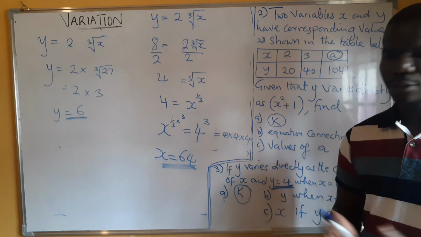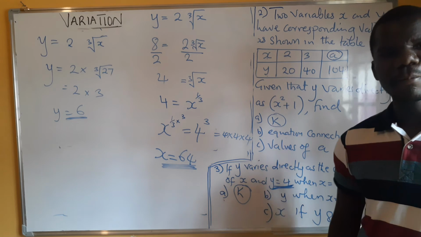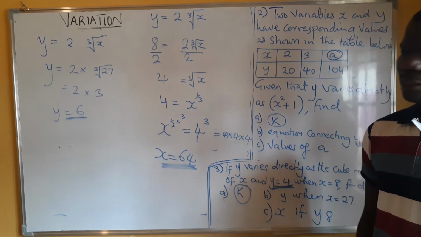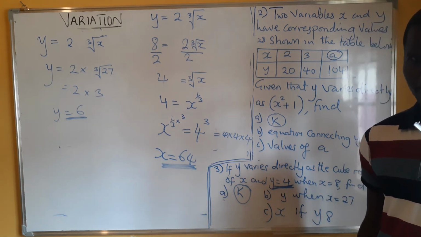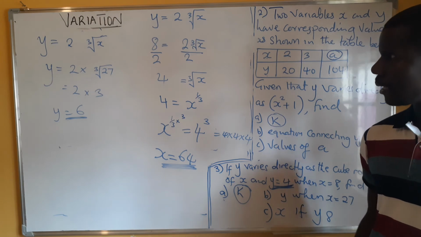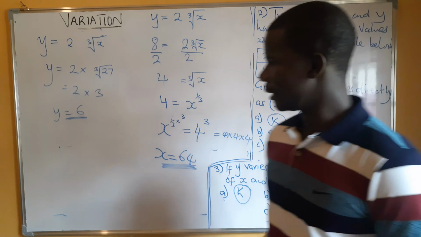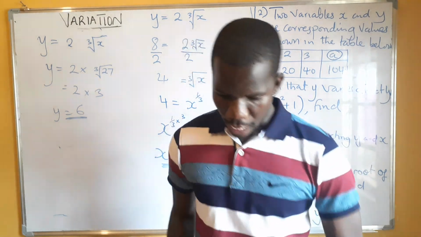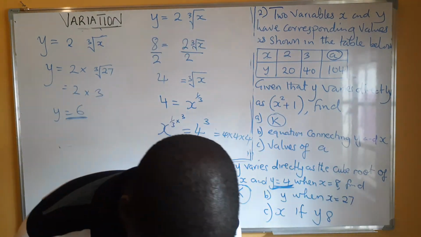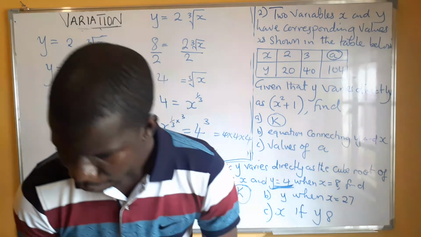I hope you have gotten the concept here. Alright? This is what I felt you needed to know in this particular lesson under direct variation. So please, as per our tradition, I think I have got a question that I'm going to give you.